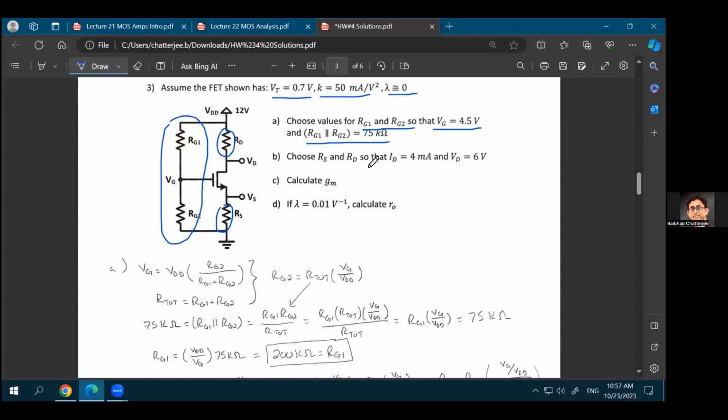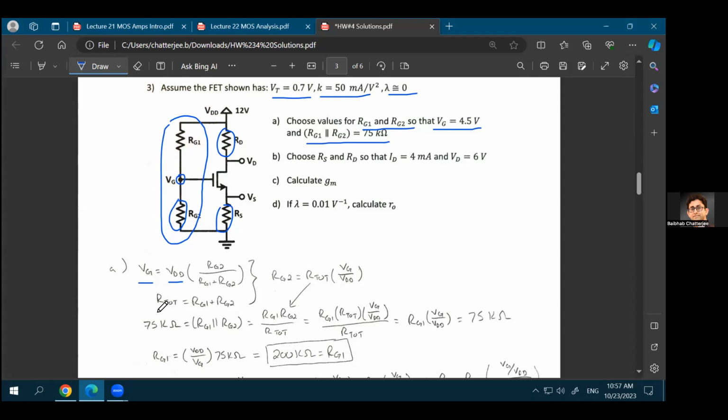So you can find out what is the gate voltage first. So the gate voltage will be a voltage division between RG2 and RG1. So you get VG, the gate voltage at this point, to be equal to RG2 divided by RG1 plus RG2. That's again just from the voltage division theory that we learned in the first 3 or 4 lectures in this course.